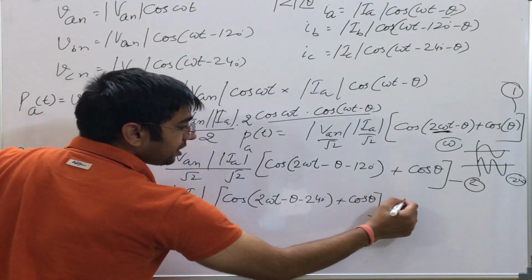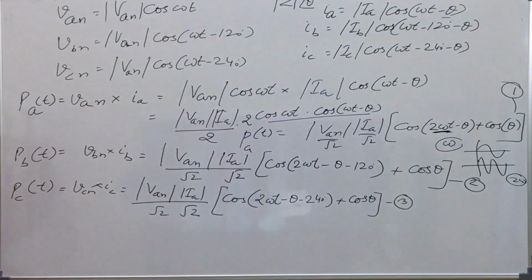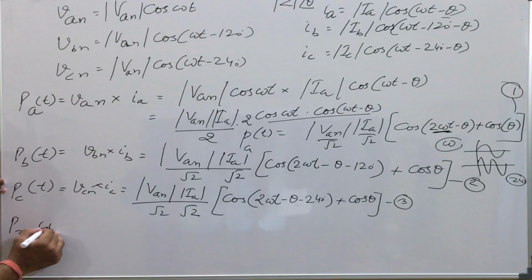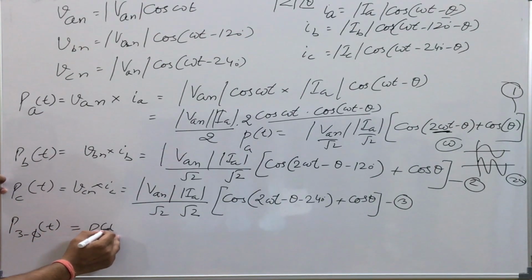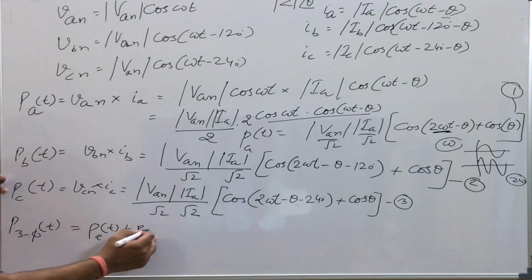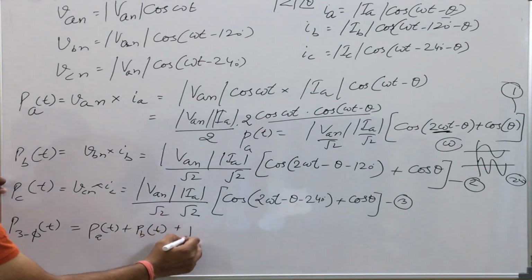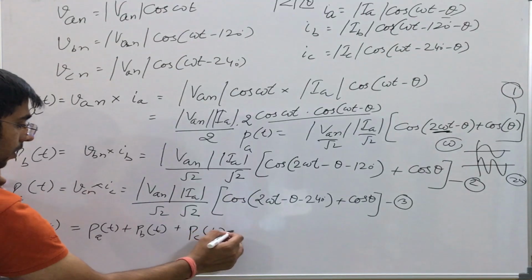Let us say it is equation number 3. The total three-phase power will be P3phase, let us say a function of time t, will be PA(t) plus PB(t) plus PC(t).